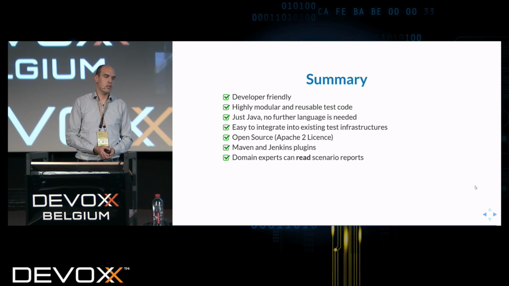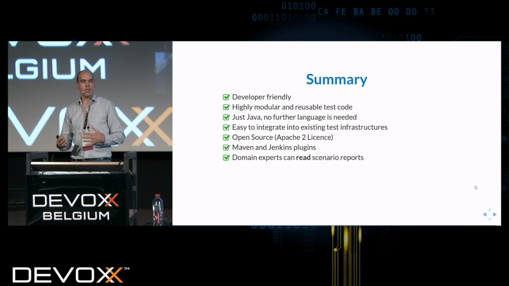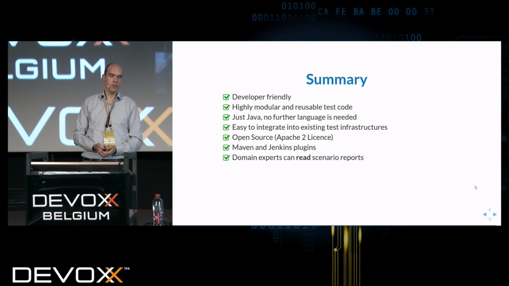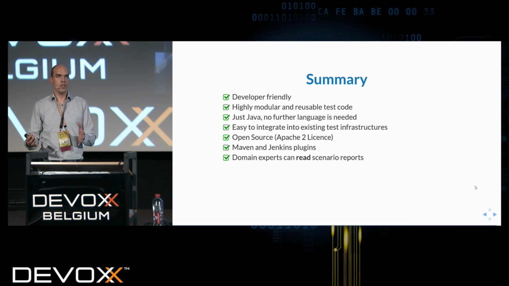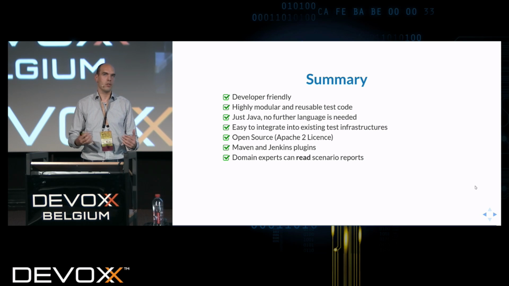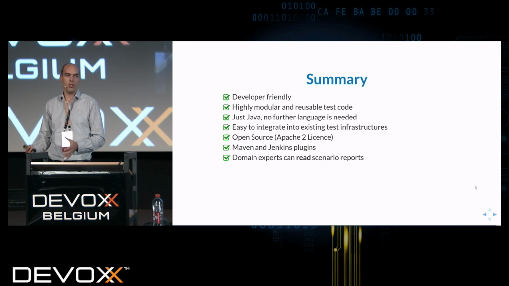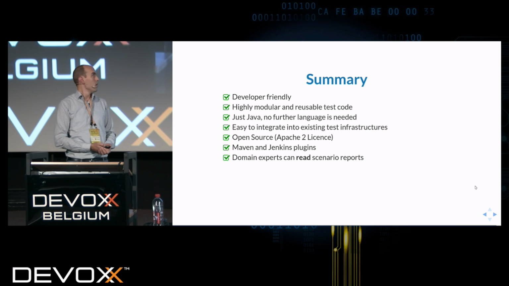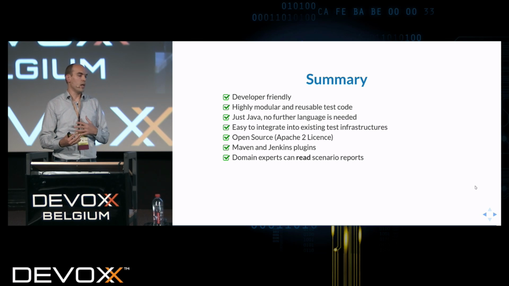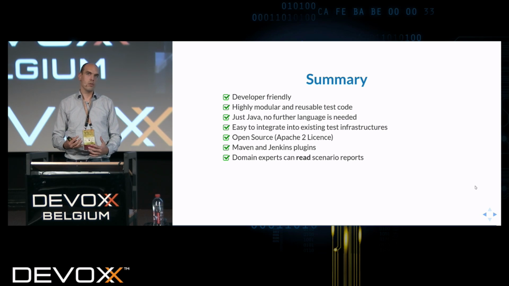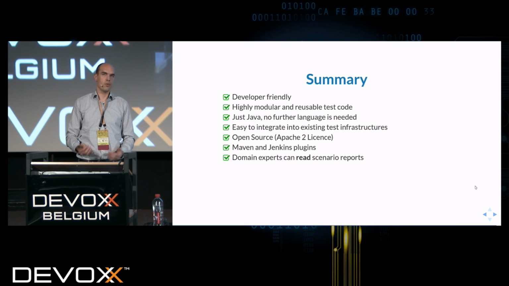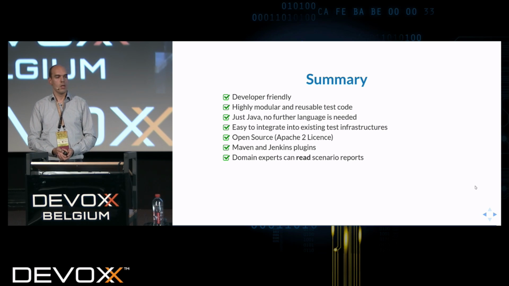And the good thing is that the domain experts can finally read the scenario reports that are generated by JGiven, and you can use it as a documentation and collaboration tool. That's the main thing about BDD: developers and domain experts can collaborate, and the way you do that is by using these scenarios, and these are really the basis for your communication.